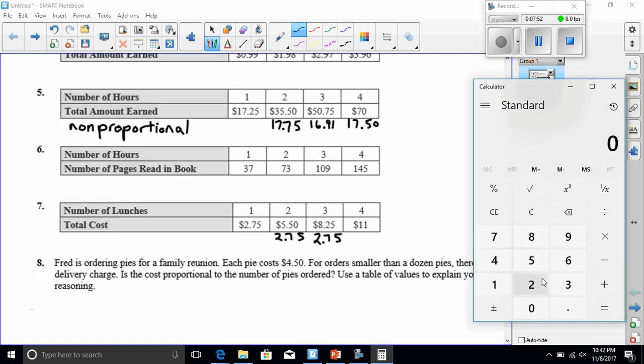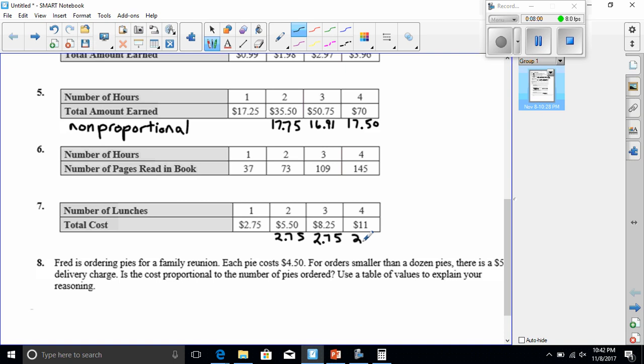Let's try that last one. It's $11 divided by 4. 2.75, all right. That tells me everything I need to know. Since every ratio of all the columns equals 2.75, that means table 7 is proportional.